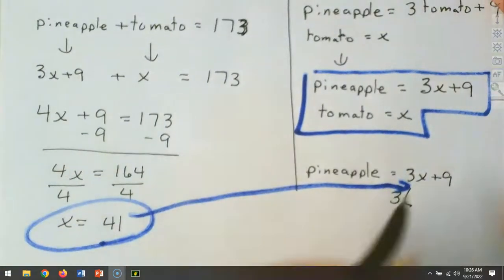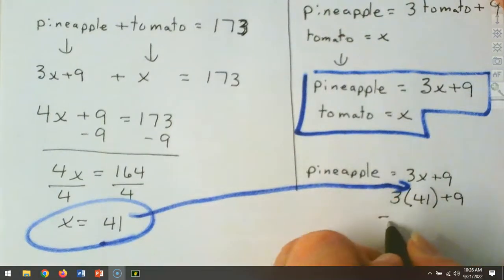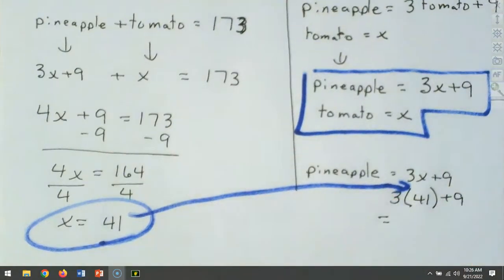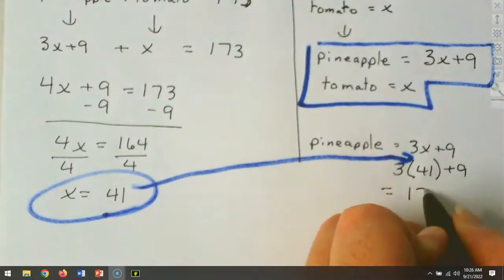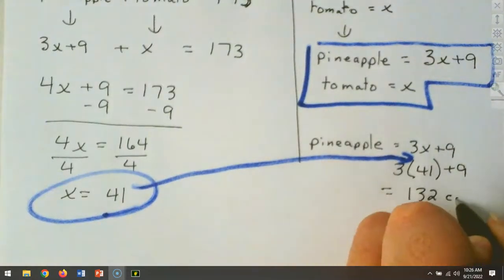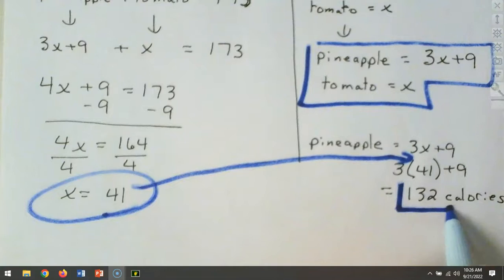So 3 times that 41 plus 9. How many calories do we have now for the pineapple juice? Okay, plus 9. That gives you 132, and that's going to be calories. So 132 calories for the pineapple juice.